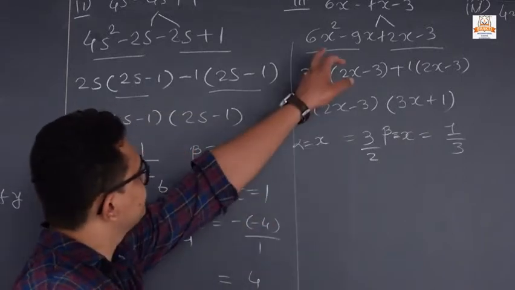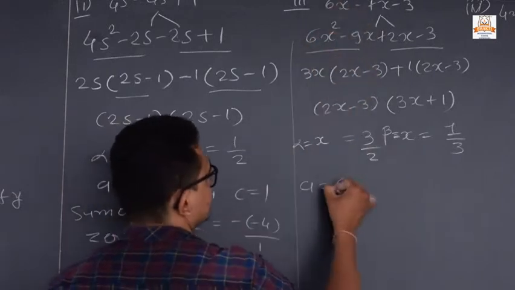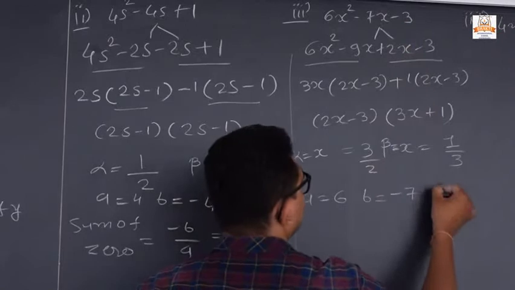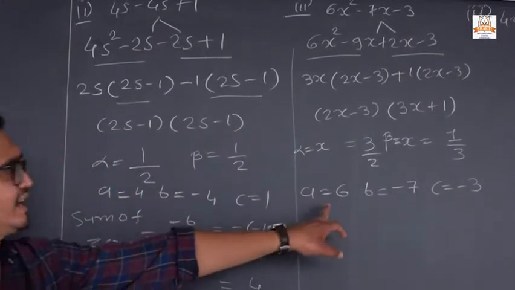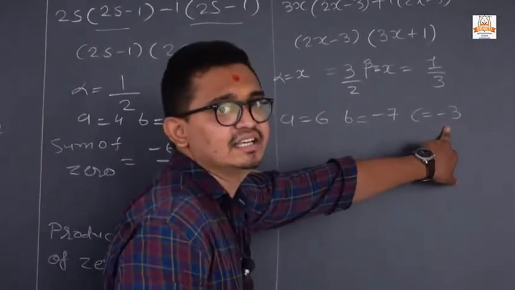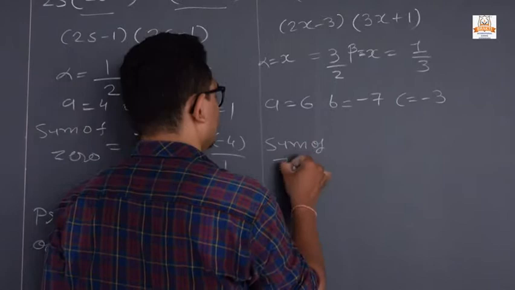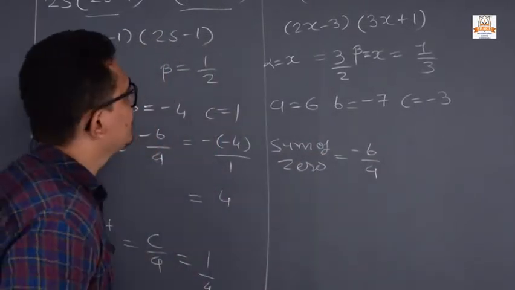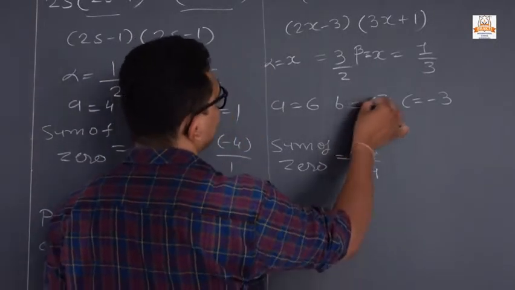Now second, we can also find the value of A, which is 6. Value of B is minus 7, and value of C is minus 3. We can compare with the standard form, so we can get the values of A, B and C. Now second portion, sum of zeros is minus B by A. What is the value of B?